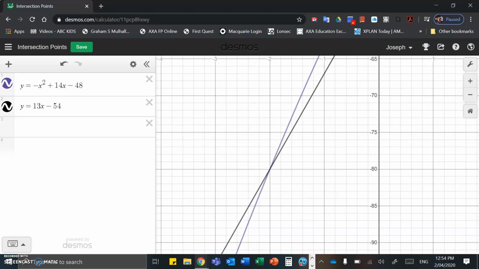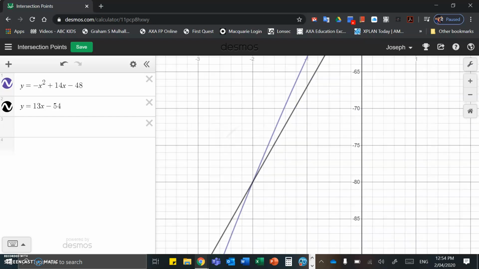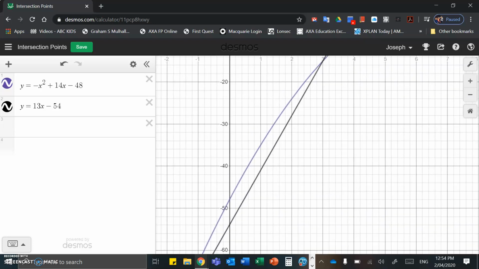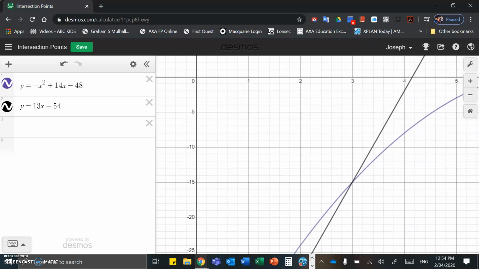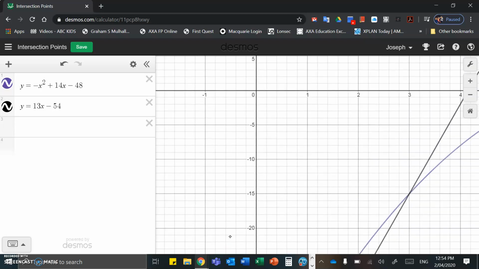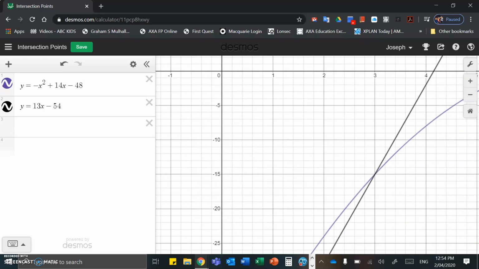We could see that we have -2 above here, and the point of intersection meets -80 as well. If we look at the other point of intersection, we could see that it does match 3 and -15.